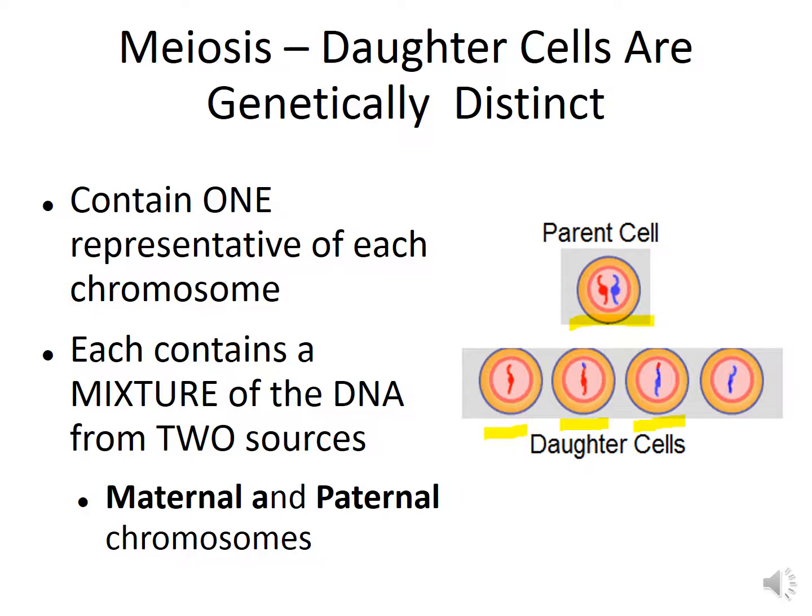And you'll notice that the colors on some of these are mixed up, representing mixtures of the 2 sources. So they're different genetic combinations. No 2 of these cells are genetically the same as one another, and they're definitely not the same as the parent cell because they have half the amount of DNA and they represent different combinations of those genes. So they are genetically distinct.